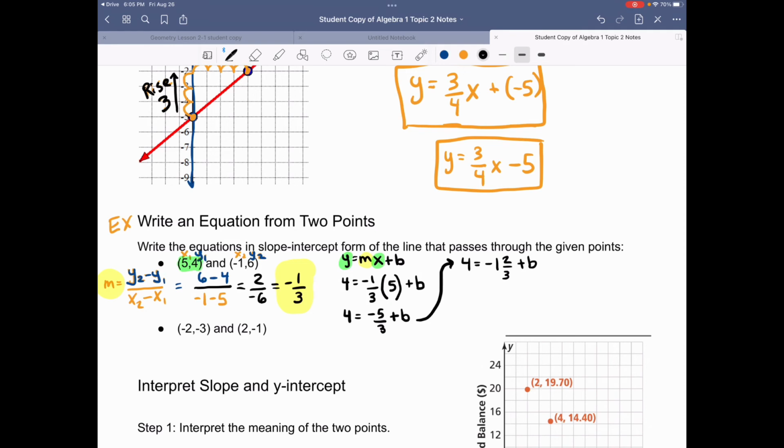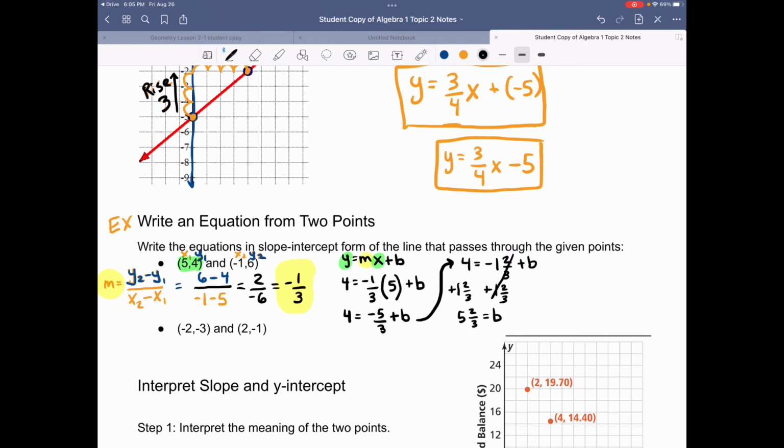That's what we did. So we put it into a mixed fraction. I'm going to add 1 2/3 to 4 and to the negative 1 2/3 so that we can solve for b, right? We're trying to figure out what is that y-intercept. 4 plus 1 is 5. So the y-intercept, b, is 2/3.